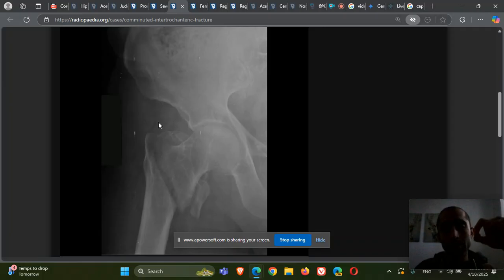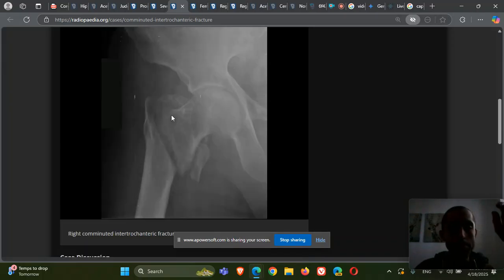Again, if you see on radiograph an isolated greater trochanteric fracture, note that this is probably the tip of the iceberg, and you should do more advanced imaging to look for the other part of the iceberg, the other part of the fracture, which can be, for example, an intertrochanteric fracture.